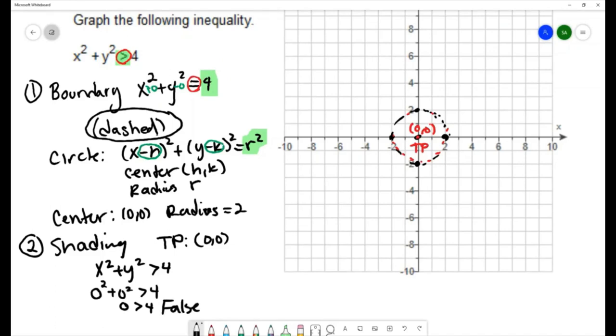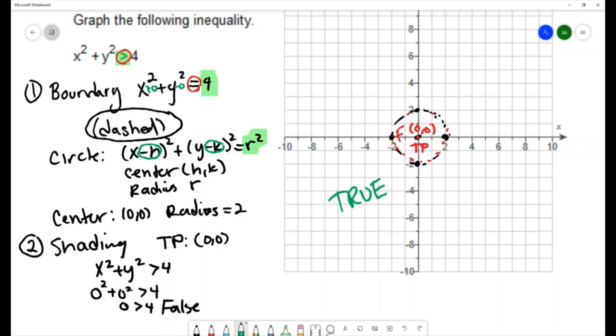And so that indicates to me that my test point is false and all of the points in that region are false. So on the inside of the circle, those points are going to give me a false statement, and the points on the outside of the circle will give me a true statement.